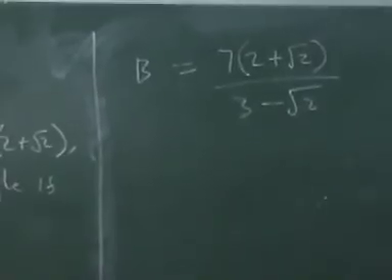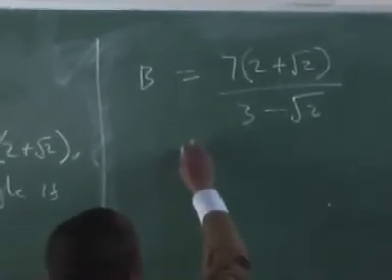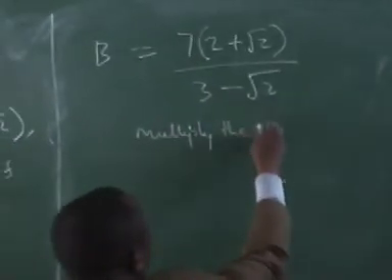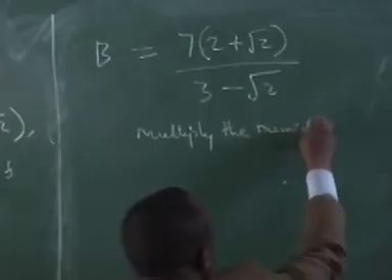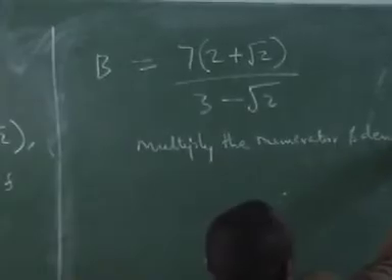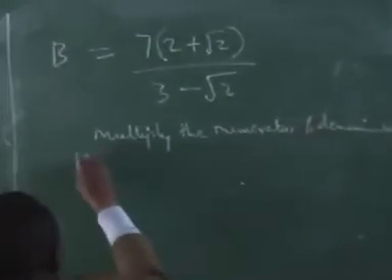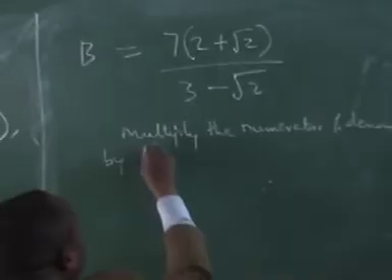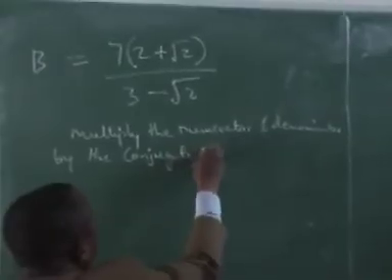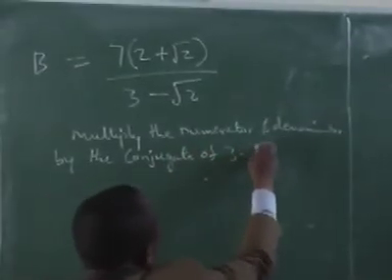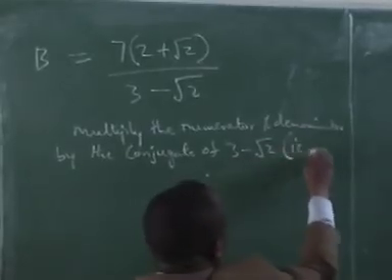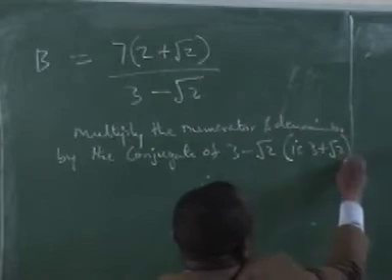So we are going to multiply the numerator and the denominator by the conjugate of 3 minus root 2. Of course, that is 3 plus root 2.